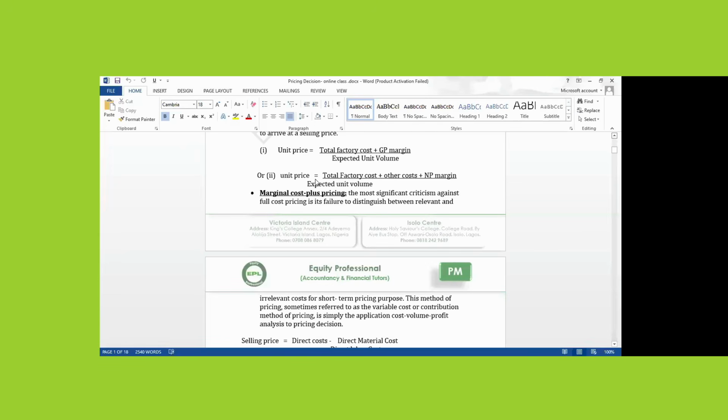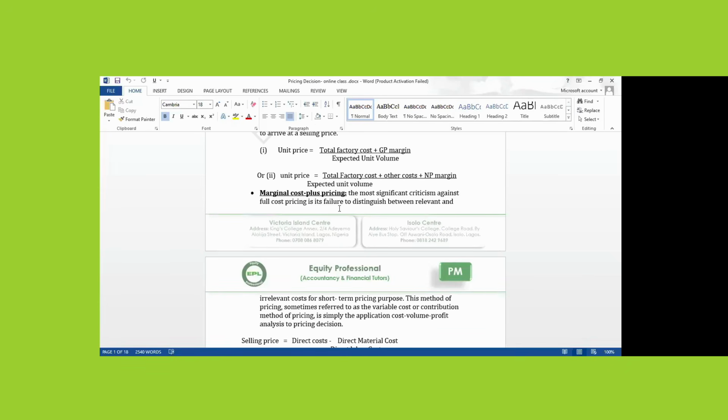Variable cost plus pricing. We also call it marginal cost plus pricing. Under this method, only the variable cost of the product will be taken into consideration in order to estimate selling price.